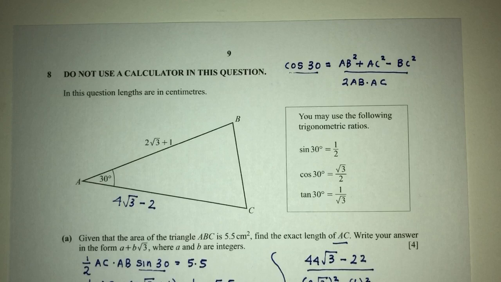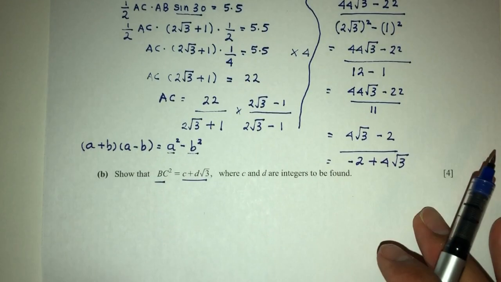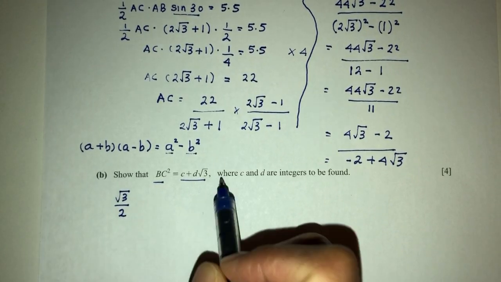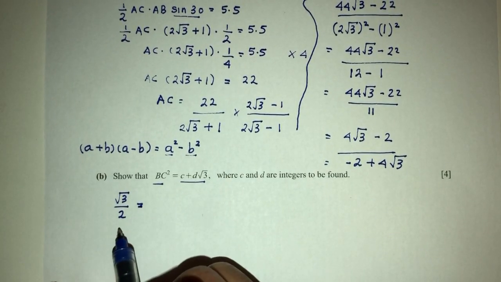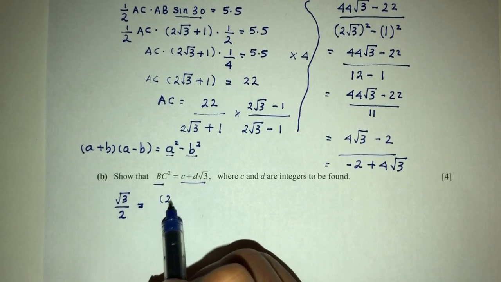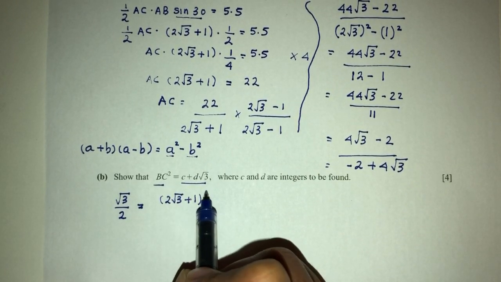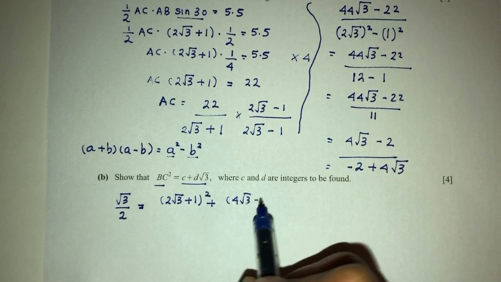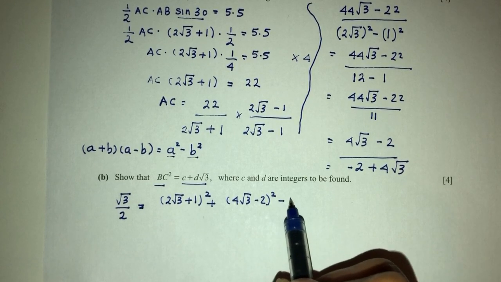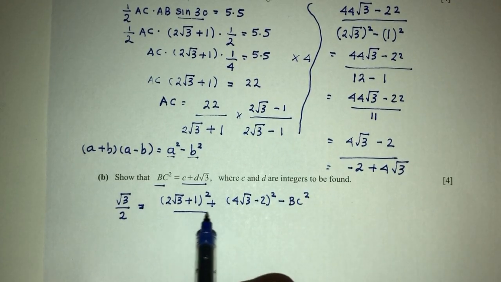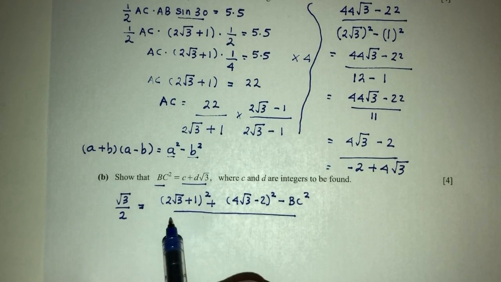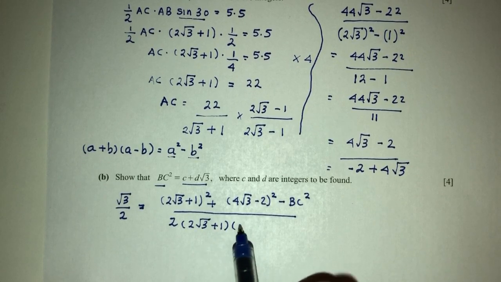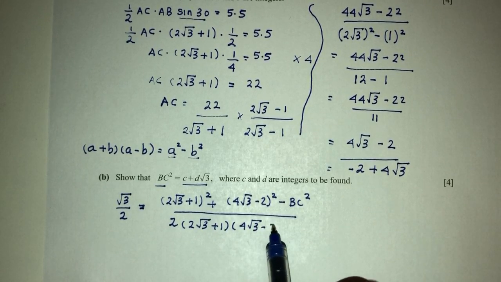So let's replace in the formula. Okay, cos 30 is √3 over 2 is equal to AB square, which will be 2√3 plus 1 square, AC square will be 4√3 minus 2 square, minus BC square, divided by 2 times AB, which is 2 root 3 plus 1, and AC will be 4 root 3 minus 2.